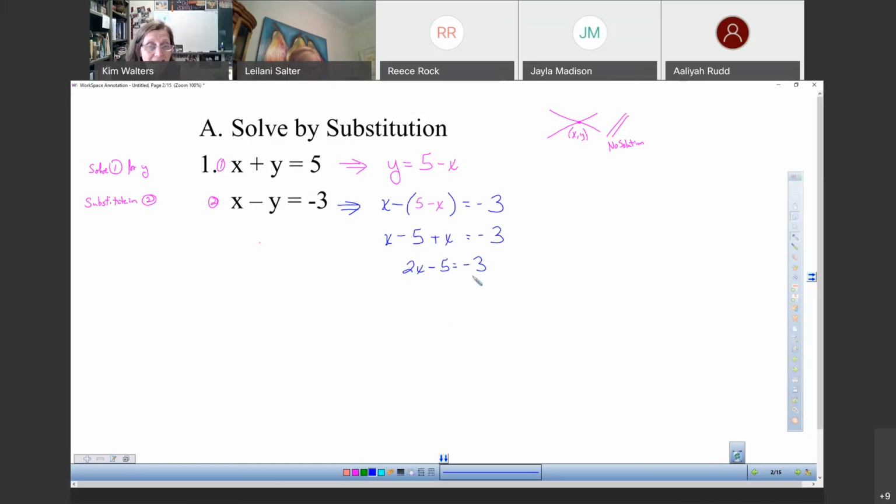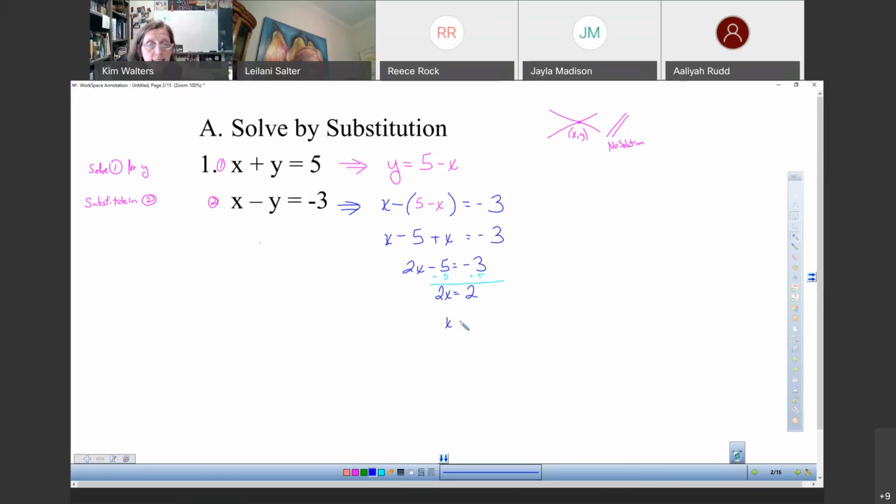I'm going to add 5 to both sides. I'm starting to skip a few of these steps. So if I add 5 to both sides, I get 2x is equal to 2. If you need to write that in, go back, put in plus 5, that's fine. Divide both sides by 2.